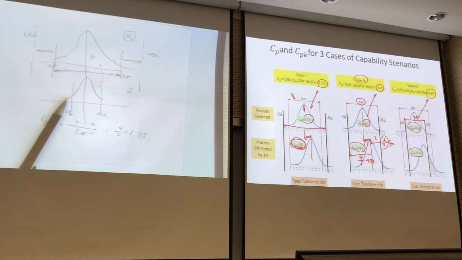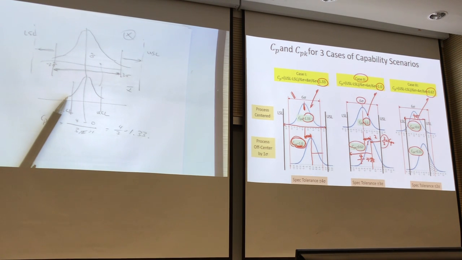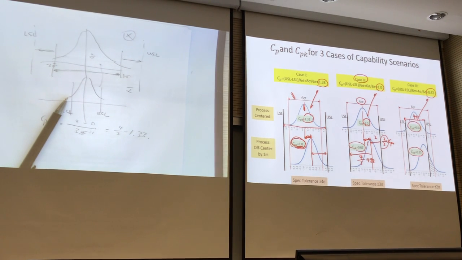But if the process mean has moved off center, the side closer to it defines the CPK. Sometimes we move to the right side, sometimes towards the lower side, but our value always tries to be a positive value. So when we move, the CPK will be smaller than the CP.